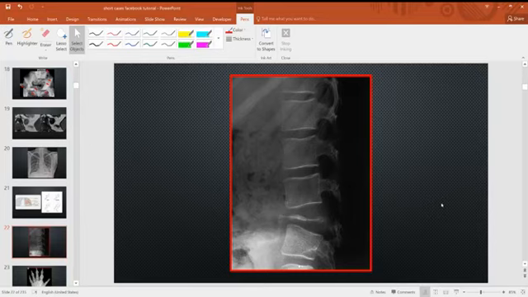Take 10 to 20 seconds to reach the diagnosis. What is the diagnosis here?